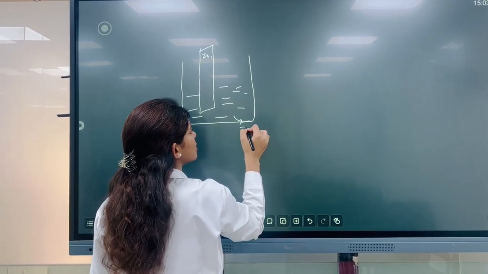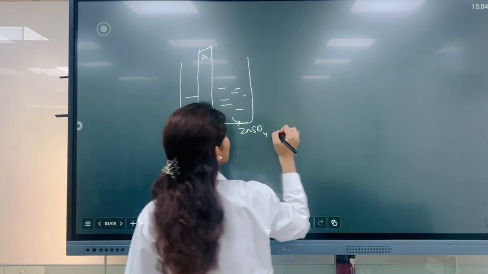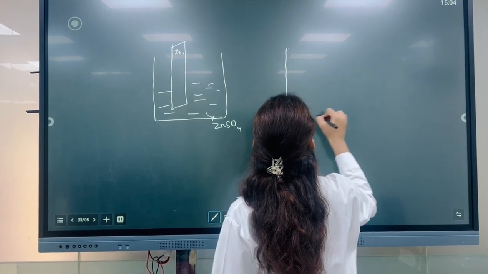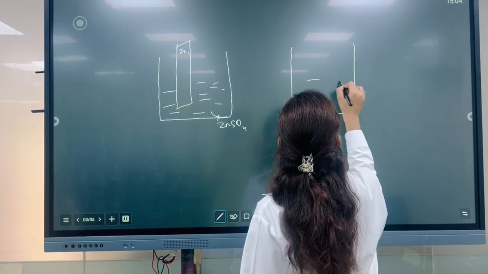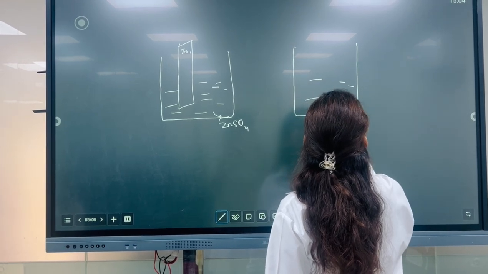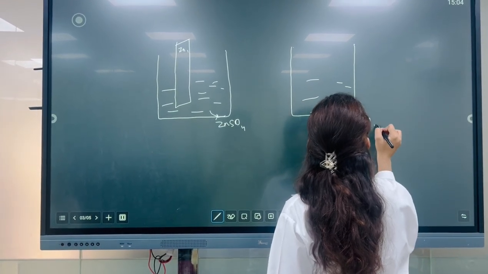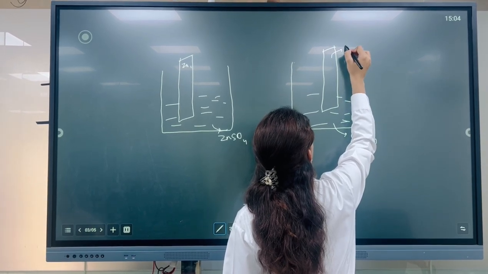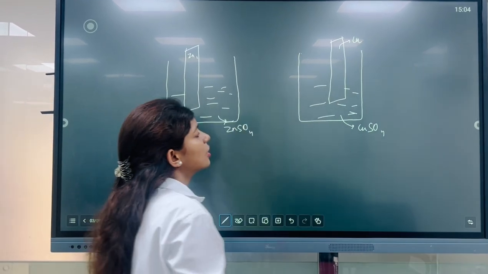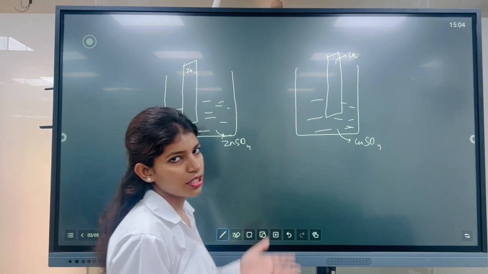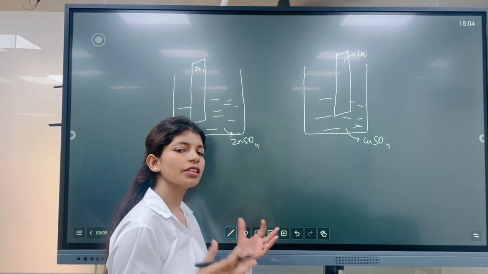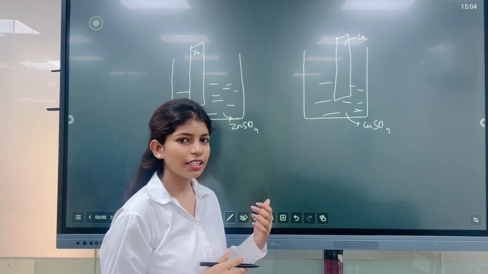This is a zinc sulfate solution, and in another beaker we have a solution of copper sulfate, and the copper rod is dipped in this solution. Until there is a connection between these two beakers, no electricity or gaining or losing of electrons will be seen here.